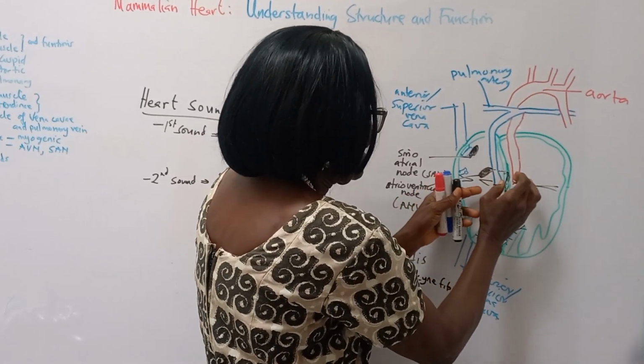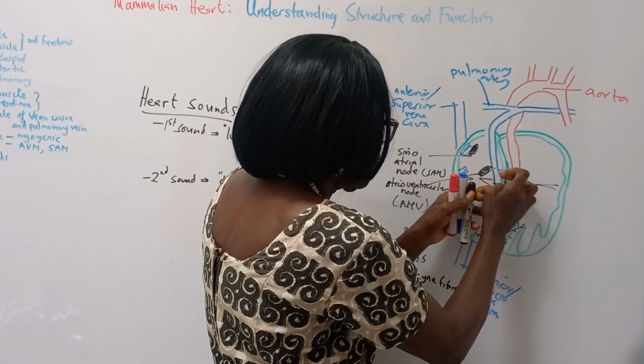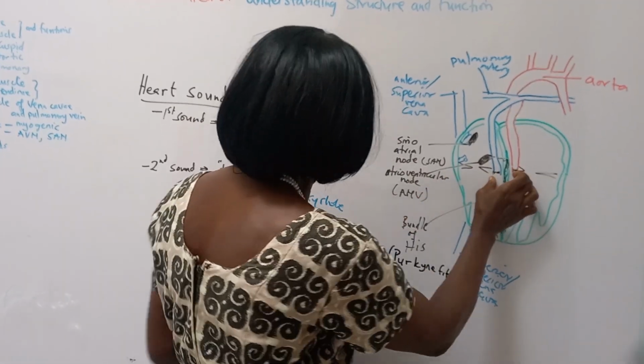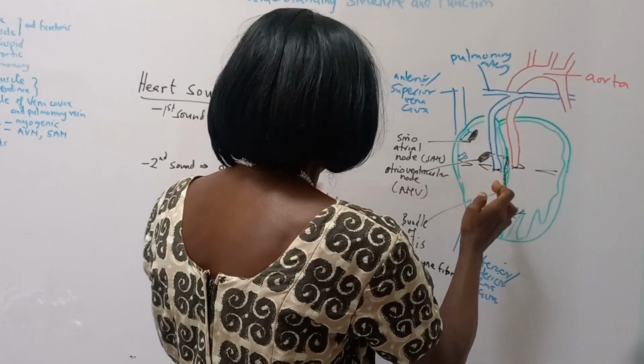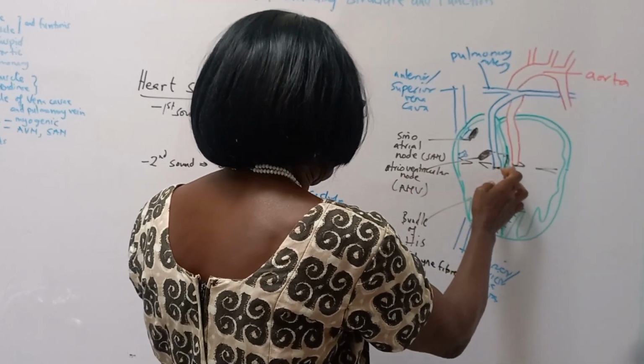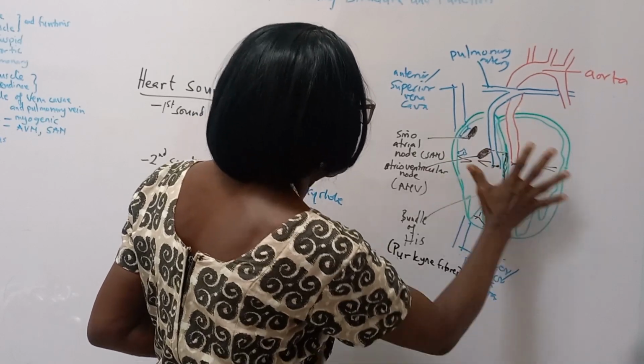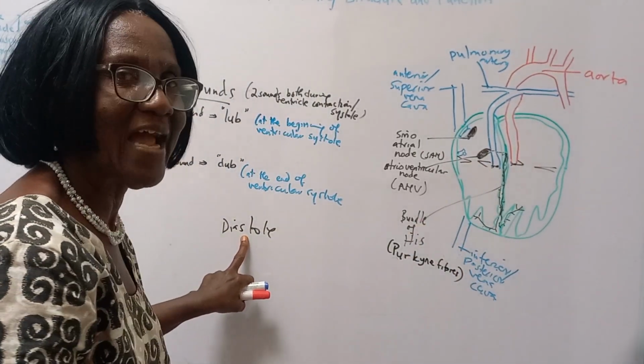And when it has ended, these valves will have to close to prevent a backflow. And that is when these valves close, then the dub sound occurs. So it occurs just at the beginning of the relaxation of the whole heart, that is diastole.